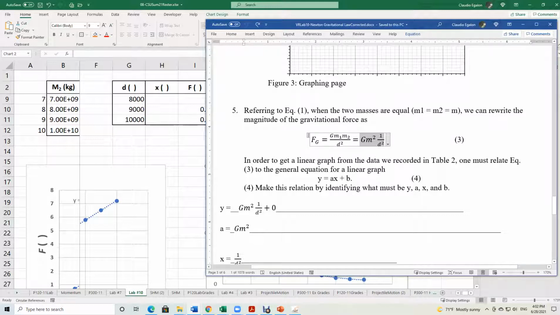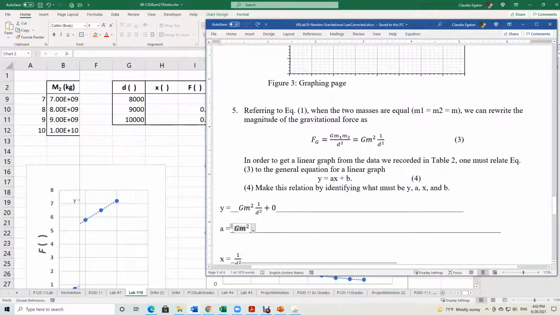And now I want to linearize this equation. In order to linearize it, I'm going to call F the y. I'm going to call the slope G m squared. I will call 1 divided by d squared the x. And I'm going to put an intercept term here that should be very close to 0, like we have right here in this equation.